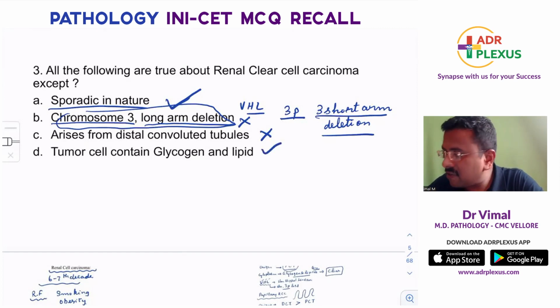So in this question, there are two correct options and two wrong options. I could not exactly make out how the answer was framed, like option A and B correct, and C and D wrong, or something like that. But these are the options and this is the true nature of each: it is sporadic in nature, the tumor cells contain glycogen and lipid, 3p deletion, that is short arm deletion, will be there, and it arises from the proximal convoluted tubule.